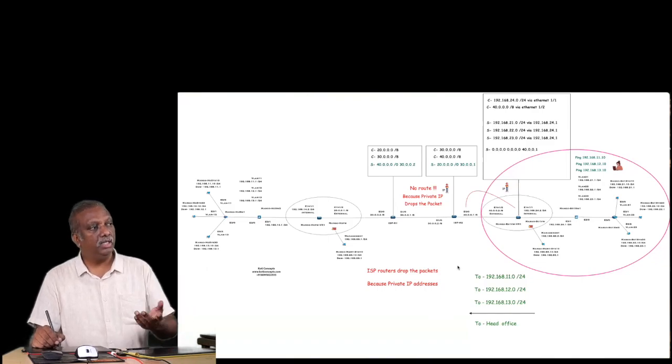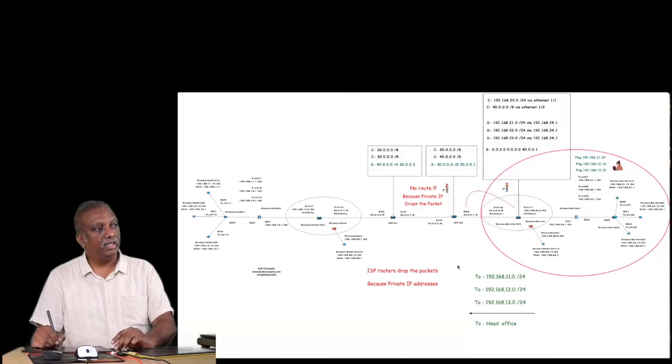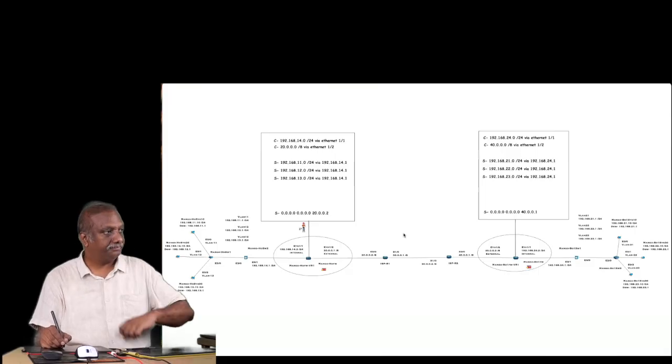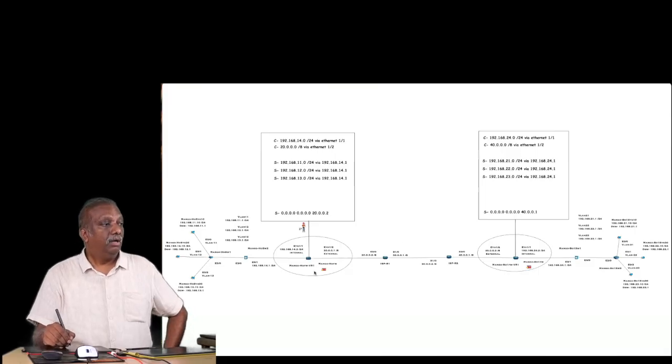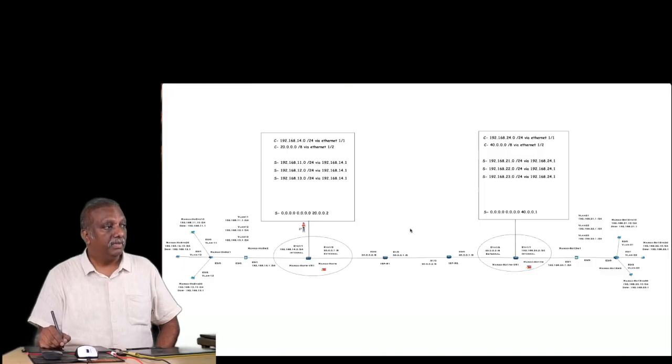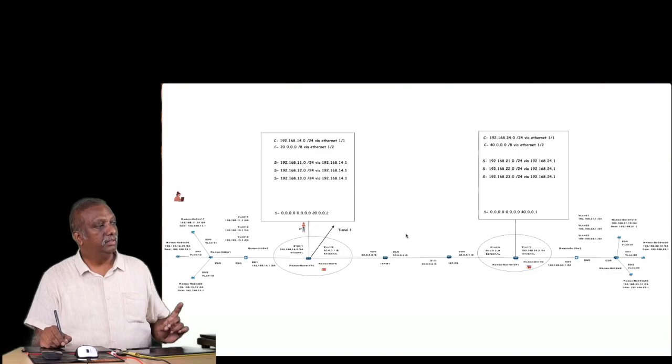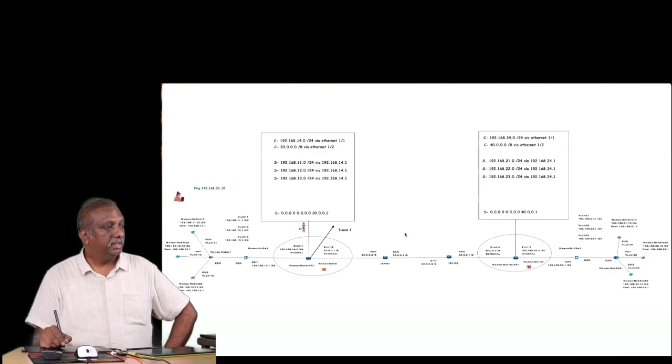So let us see how to do that on the head office firewall. Now see here, on the head office firewall, we create something called a tunnel interface. Let's say we create the tunnel.1 interface. Somebody on the head office system says ping 192.168.21.10.